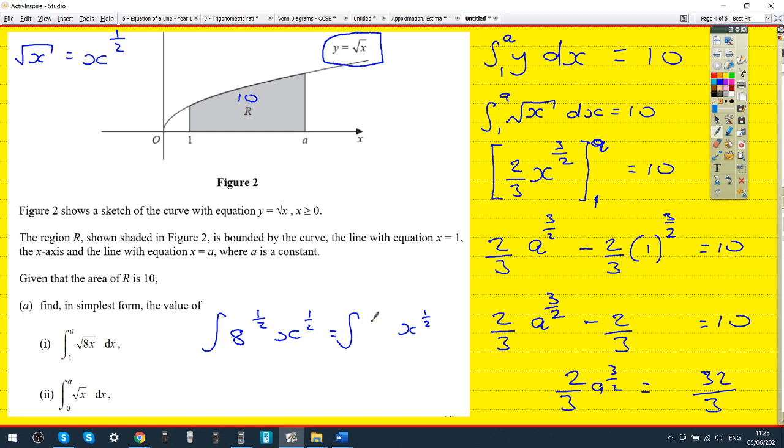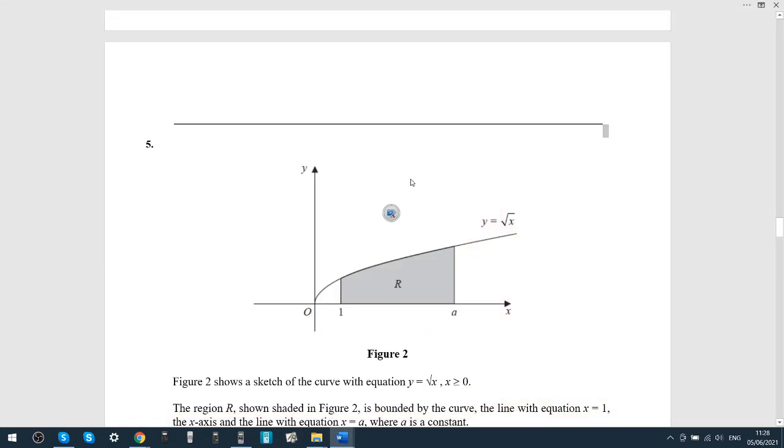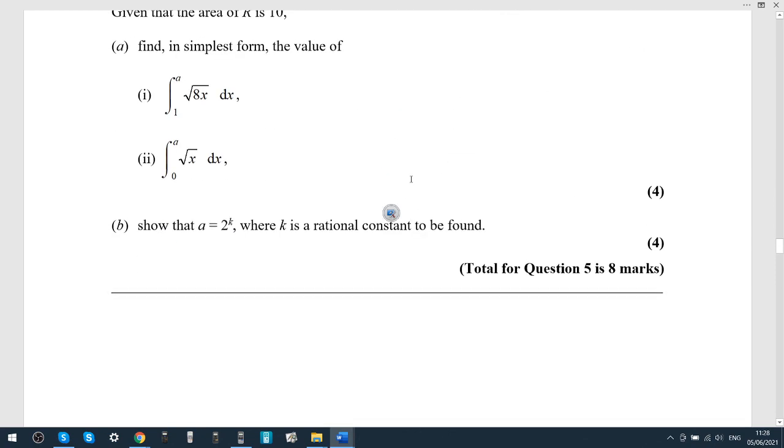Keep, change, flip: 2 times 8 to the half, over 3. And that's x to the 3/2. You sub in a, sub in 1, take away, get your answer. Not feeling that question. It's wacky stuff.